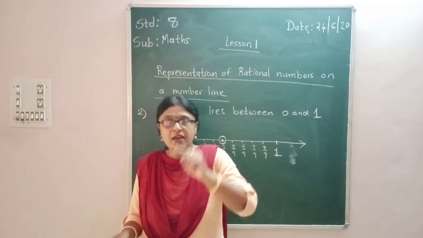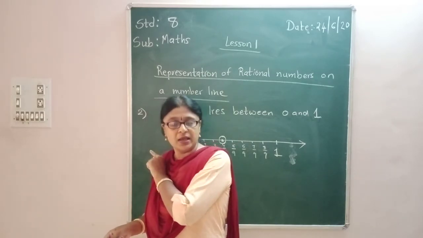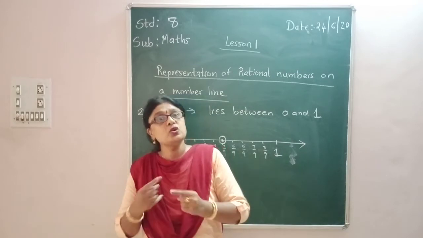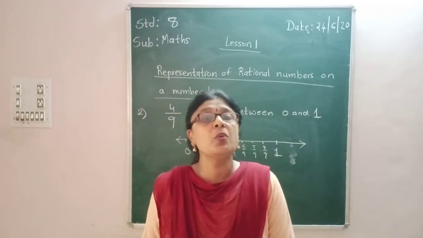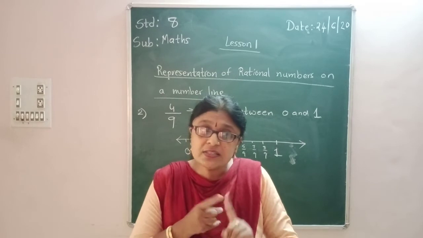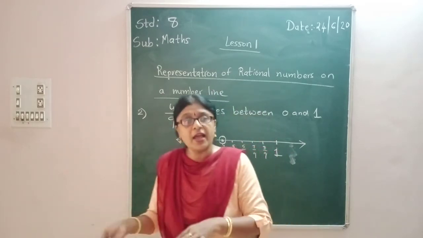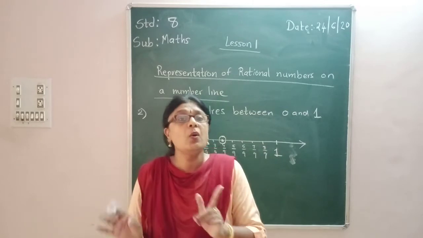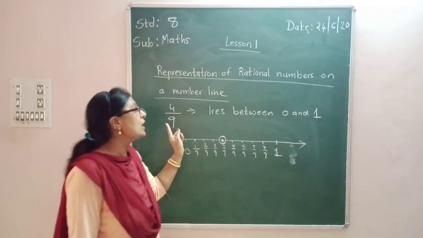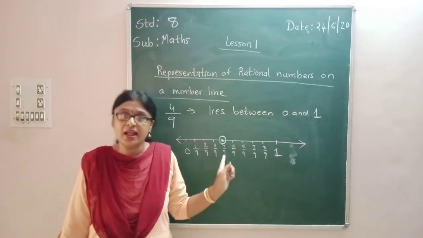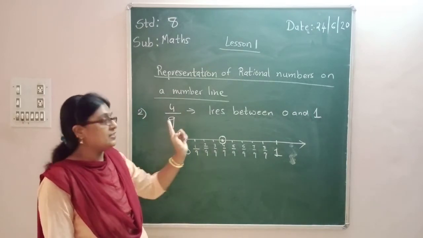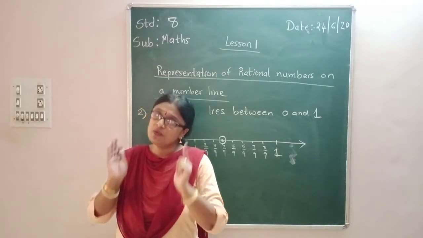Then you have to divide that number line. Now into how many equal parts will you divide it? How is it decided, children? How will you decide whether to divide into 5 or 7 or 10? Yes, I will look at the denominator of the given rational number. So if it is 5, you have to divide into 5 equal parts.